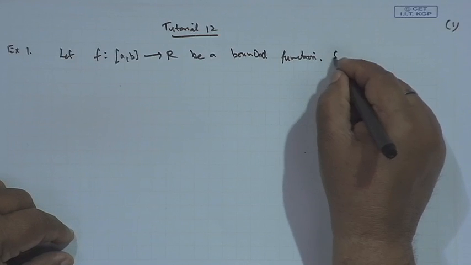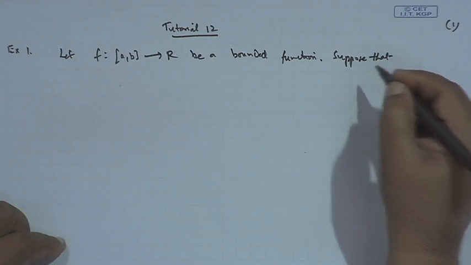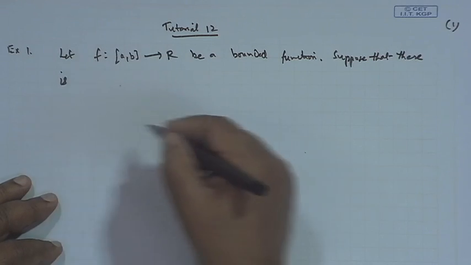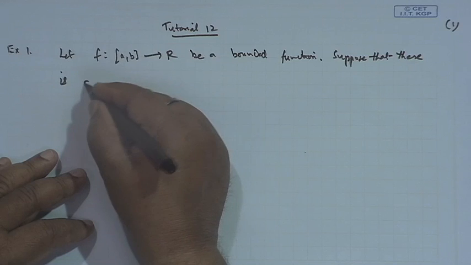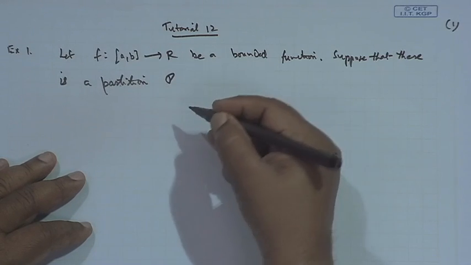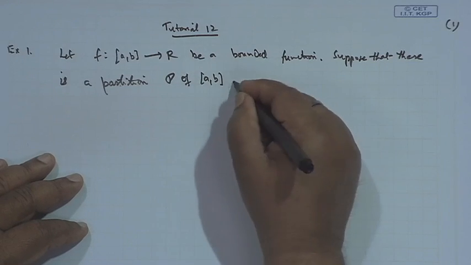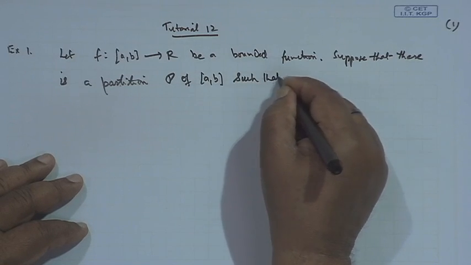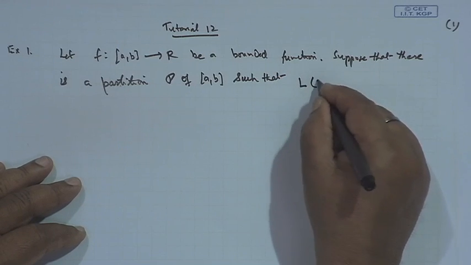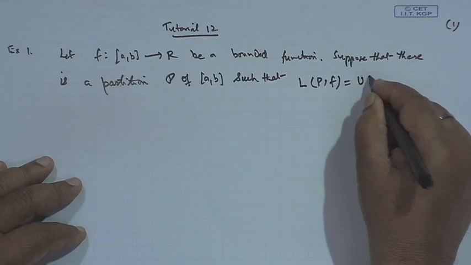Suppose that there is a partition P of the interval [a, b] such that L(P, f) is equal to U(P, f).